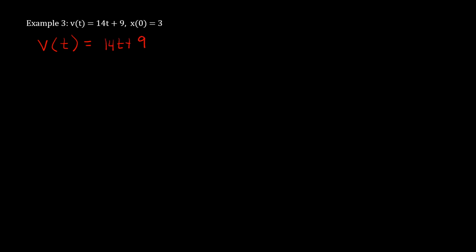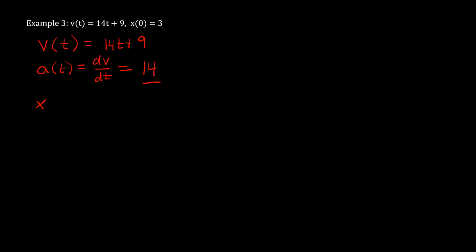So the acceleration, a of t, equals the derivative dv/dt. Using the power rule, or just taking the derivative of any constant times the variable we're taking the derivative with respect to, it's just that constant, so the acceleration is just 14.